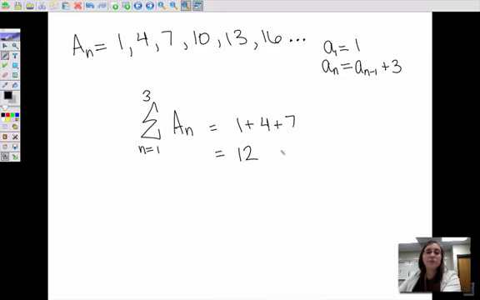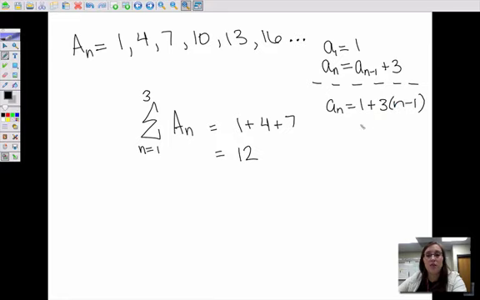Another way that we might write it is using the explicit formula. The explicit formula for this is 1 plus 3 times n minus 1, or 3n minus 2, to get you each term.